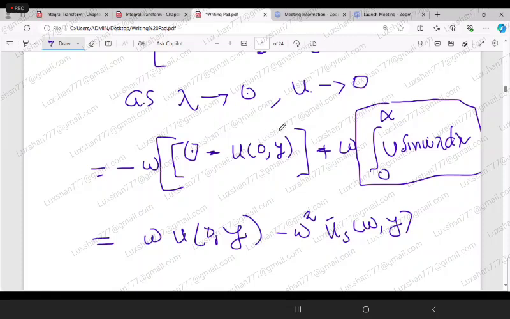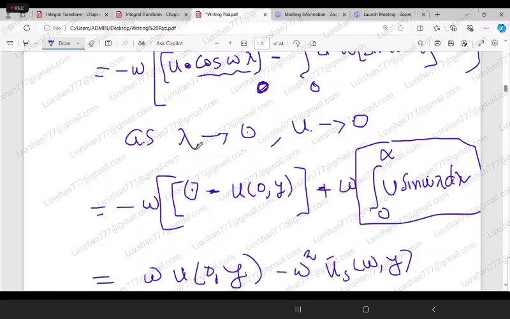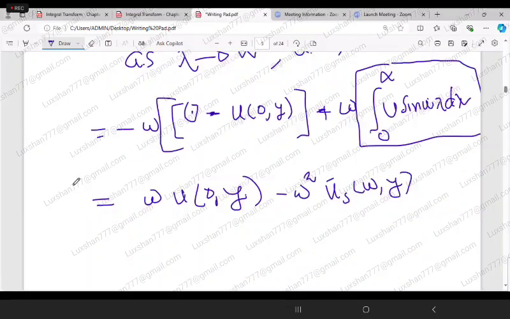Here also we have the assumption that as lambda tends to infinity, u tends to 0.